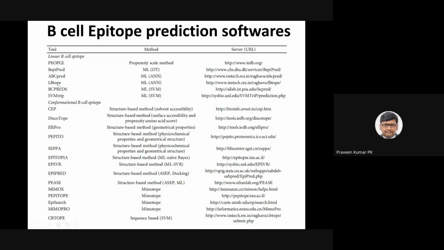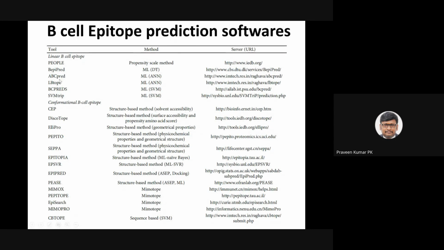Even for conformational, even for linear, you have these kinds of tools. Other than IEDB, there are many tools developed by Indian scientists at IMTech, which is popularly known for supplying cell lines and microbial cells.